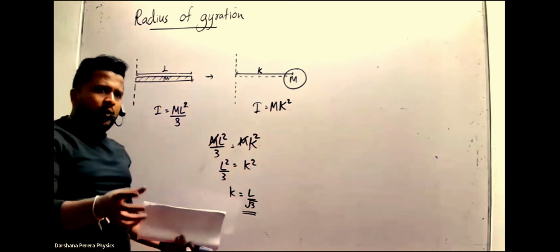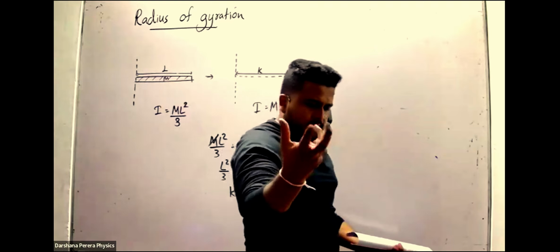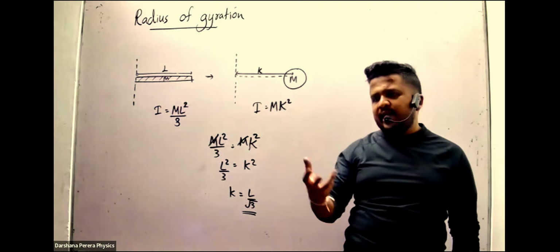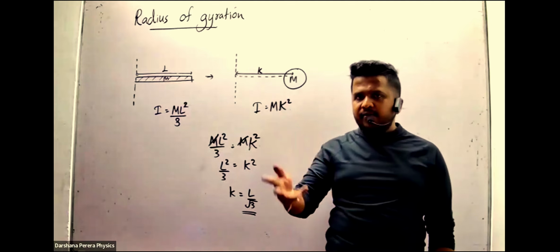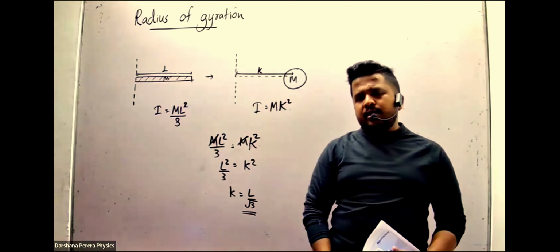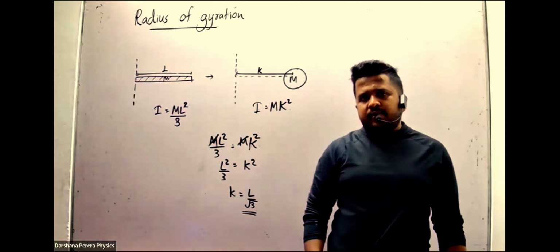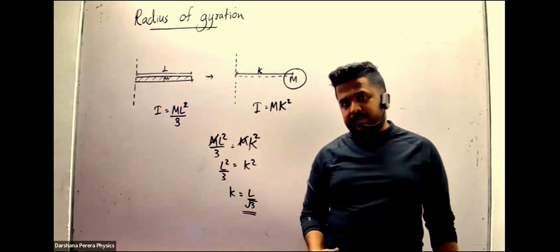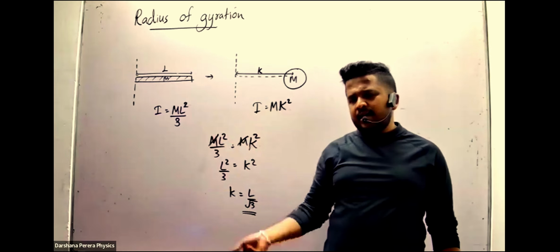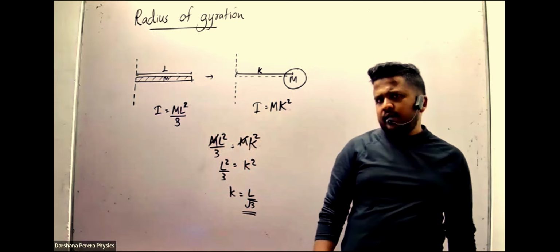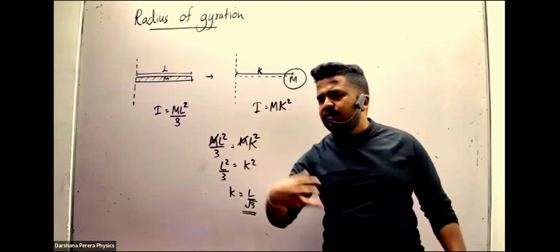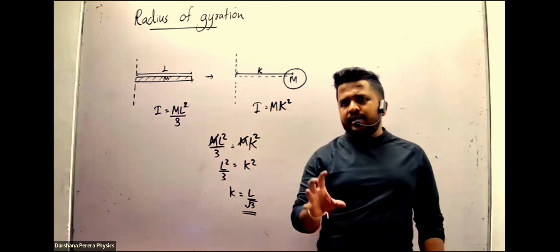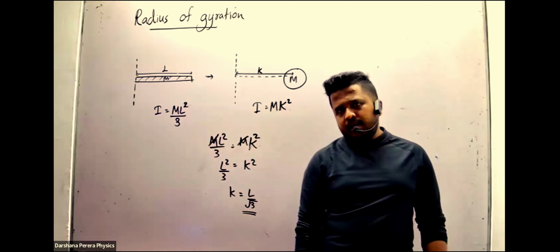When we take an object, we take the radius of gyration and the mass. Therefore, we can take the moment of inertia. When we take an object, we ask what is the radius of gyration. Then we can calculate I. We are not asking what is the I value; we take the radius of gyration.